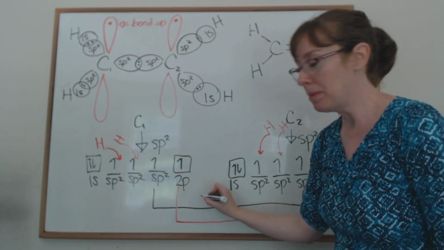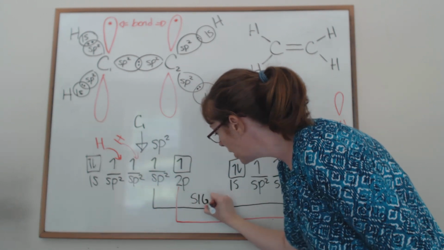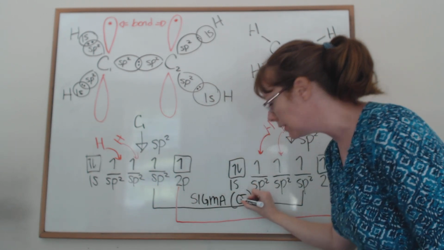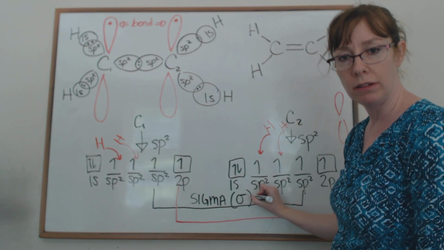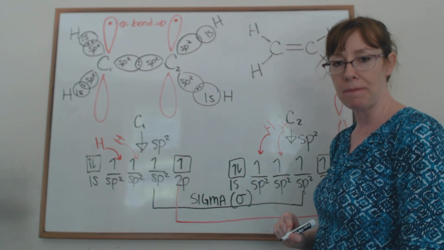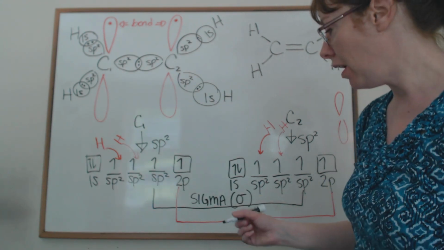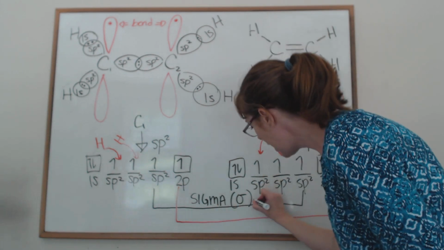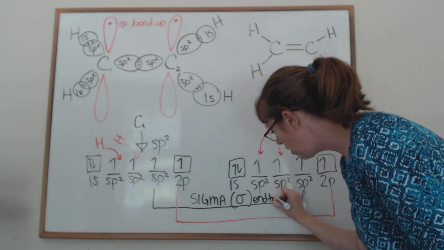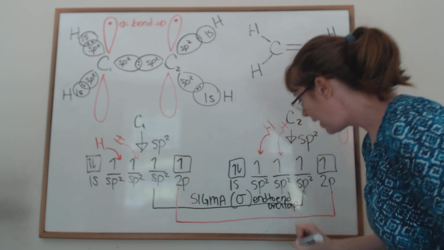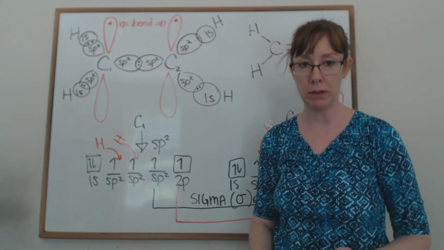What we call a sigma bond is this black line, sigma. Sigma bonds, and by the way, it's a Greek letter. It's like a 0 or like an O with a little tail sticking off the top, like a hat. Sigma bonds result from end-to-end overlap of orbitals.